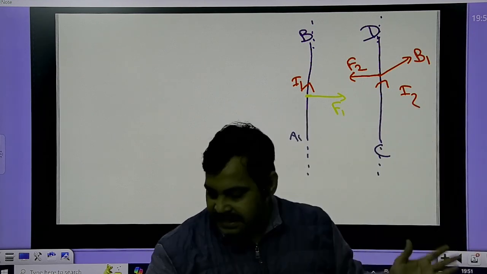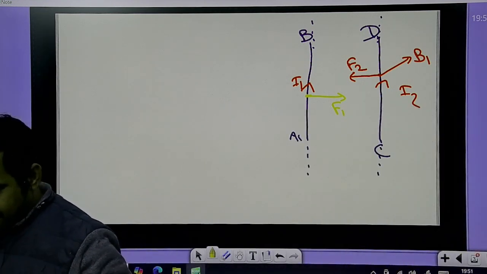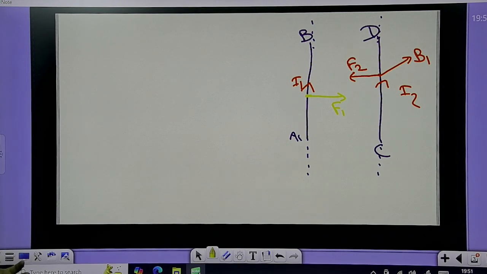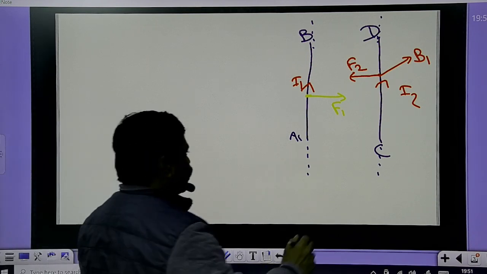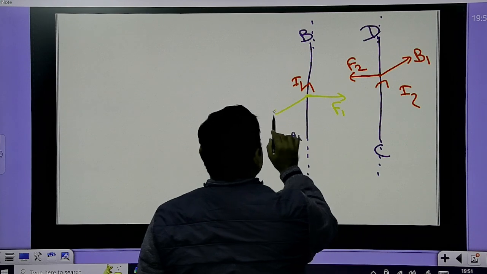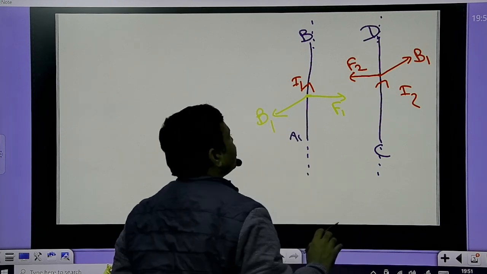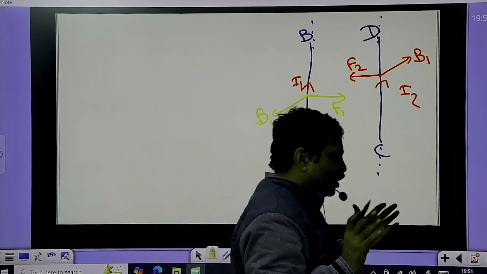In a similar manner, we can get the direction of the forces acting on the parallel conductors carrying current. So I think the directions are now clear to you.